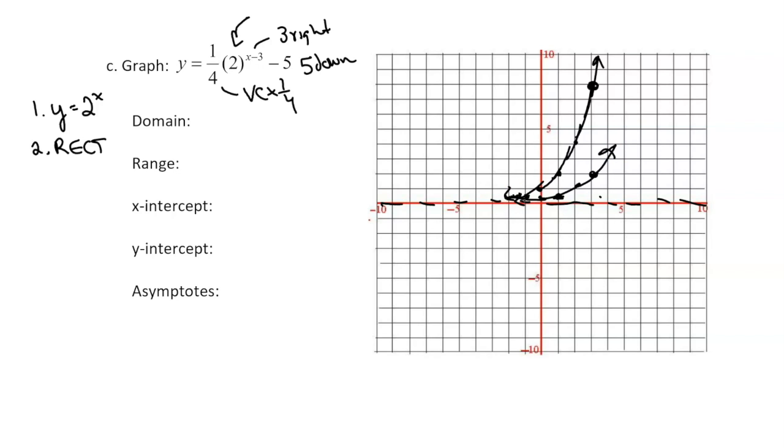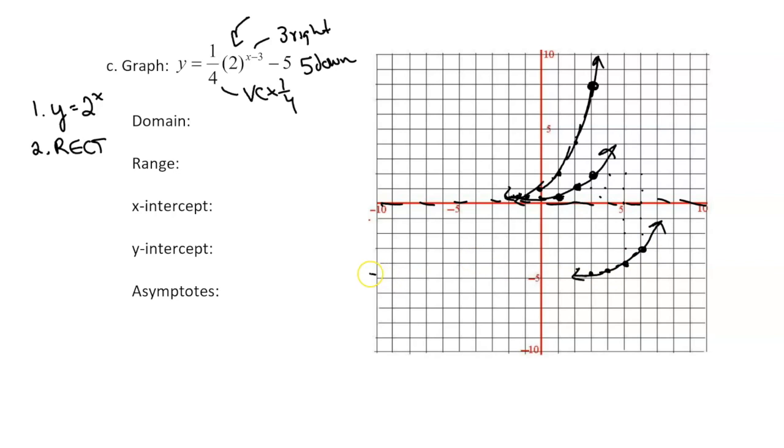Then you're going to move 3 to the right and 5 down. Okay, so let's see, we have this point here, this point here, this point here, 3 to the right. 1, 2, 3. Okay, and you would get something that's going to look like this.